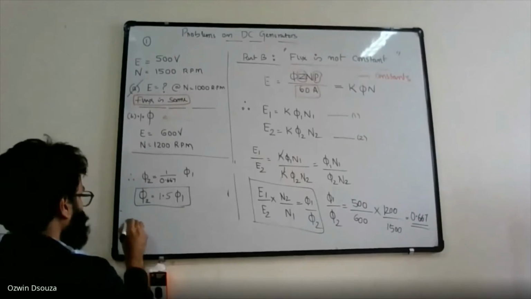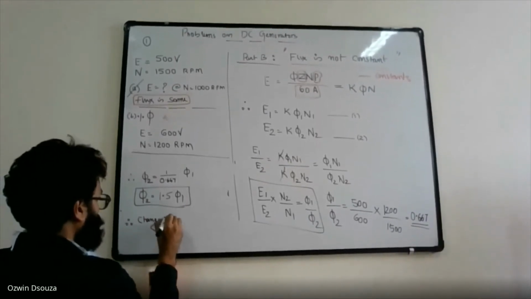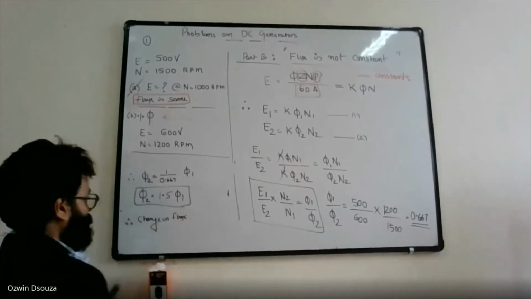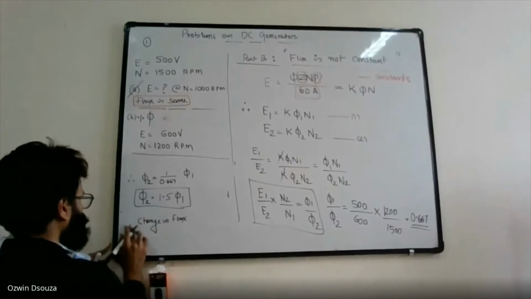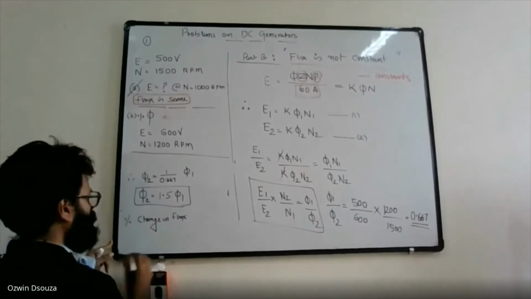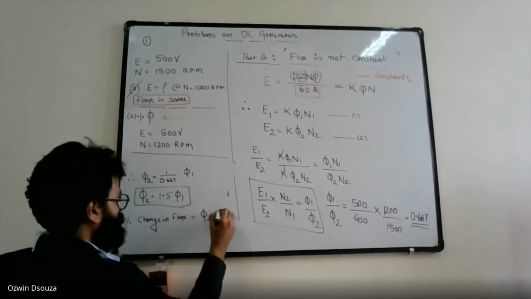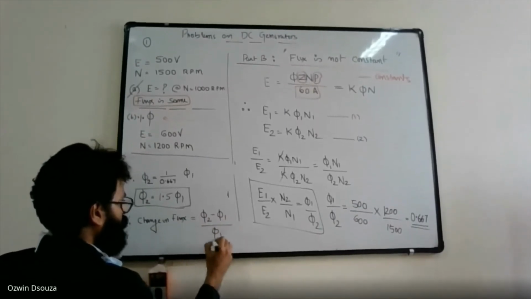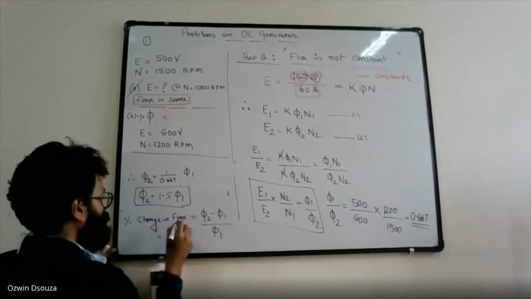So therefore, the percentage change in flux can be given as phi 2 minus phi 1 divided by phi 1, that is new minus old divided by old. What is phi 2?